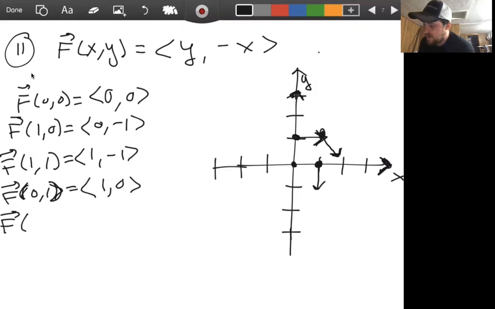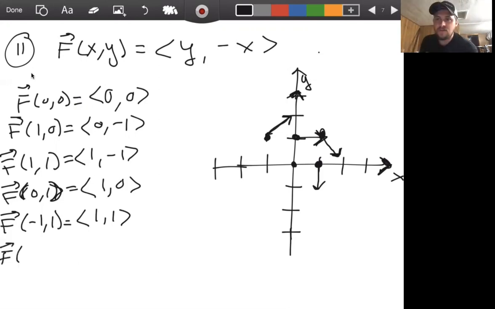Let's look at f of negative 1, 1. This is going to be the vector, well, y is 1, so the x component's 1, and then negative, negative 1, so this is 1, 1, which will be this vector here. 1 unit to the right, 1 unit up. Hopefully this isn't too difficult, right?